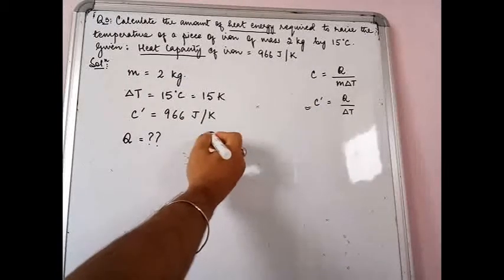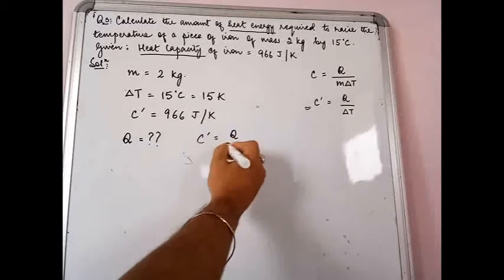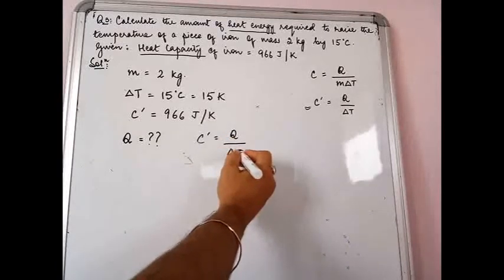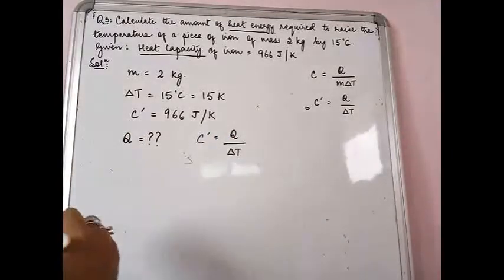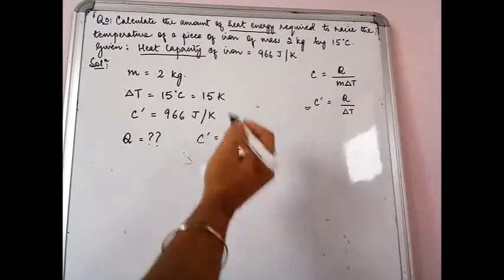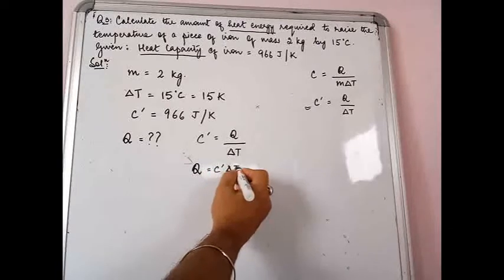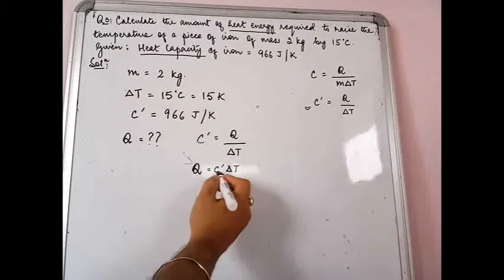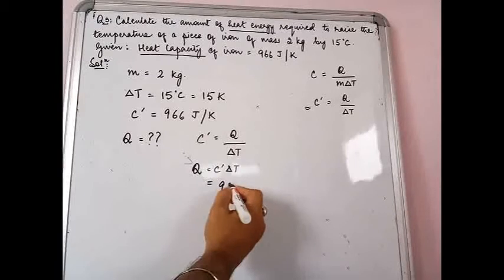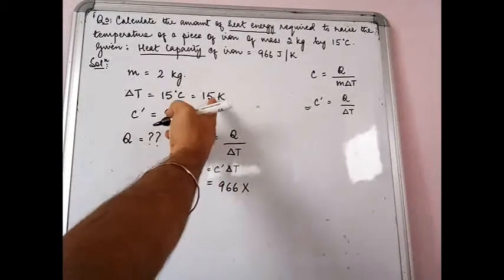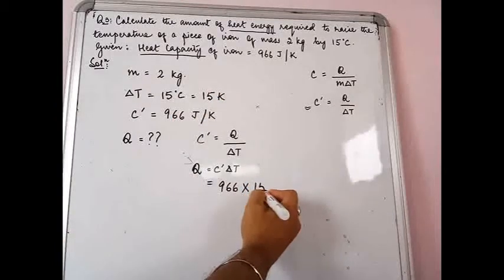We have C dash is equal to Q upon delta T. Basically we have to find Q, therefore Q becomes C dash multiplied by delta T. C dash is 966 multiplied by delta T, which is 15.